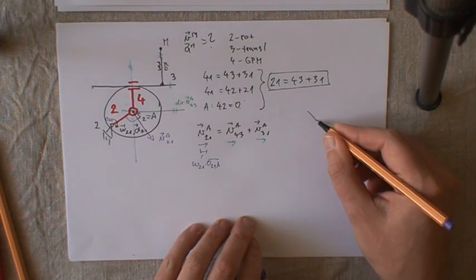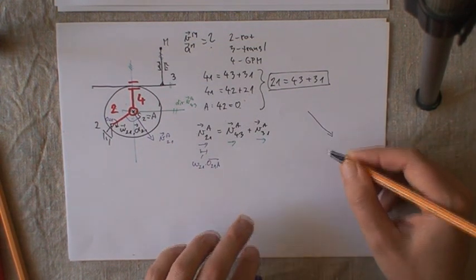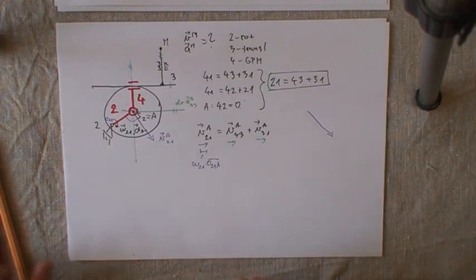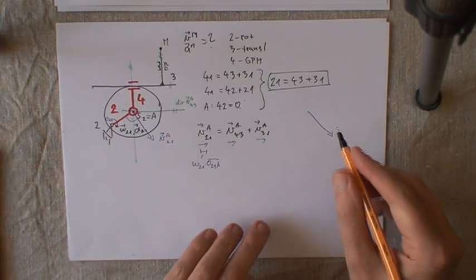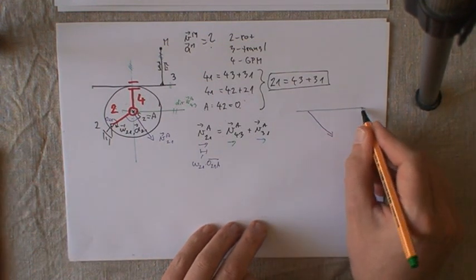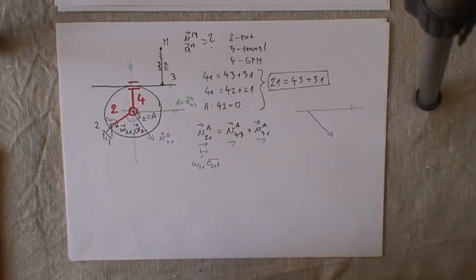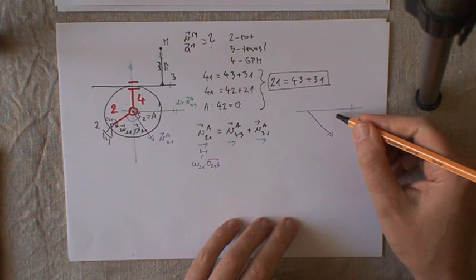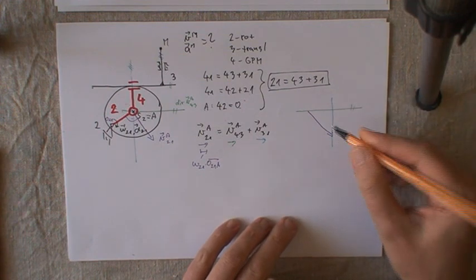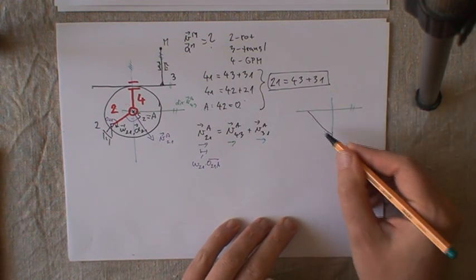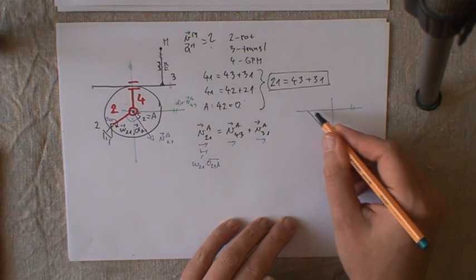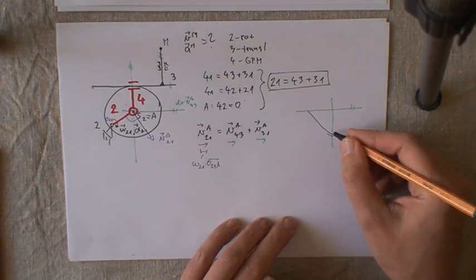So to solve it, we have VA21, and that equals VA43 plus VA31. So this is the left side of the equation, and that equals these two vectors.